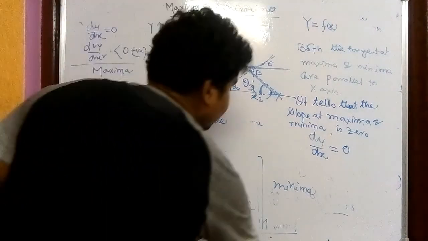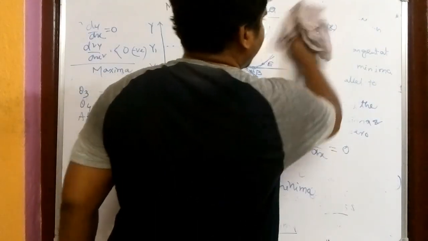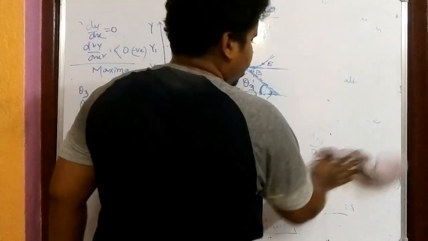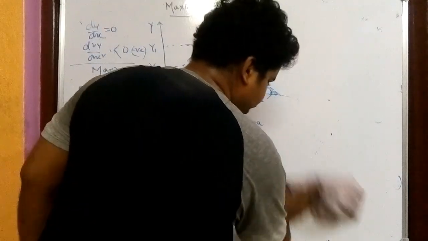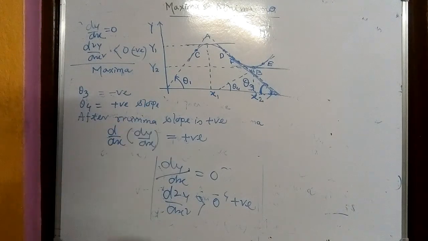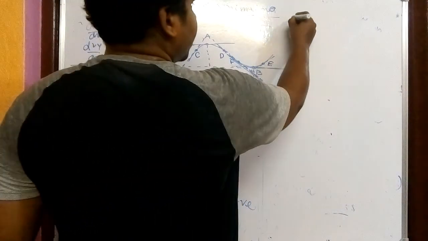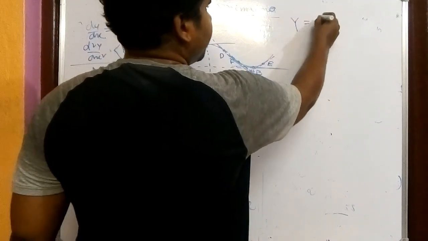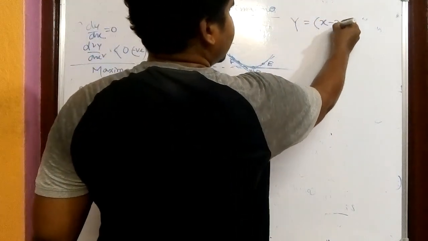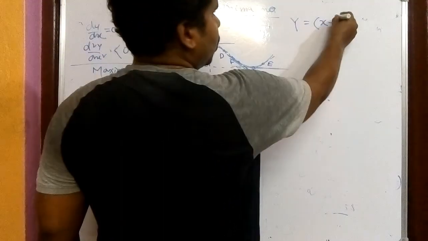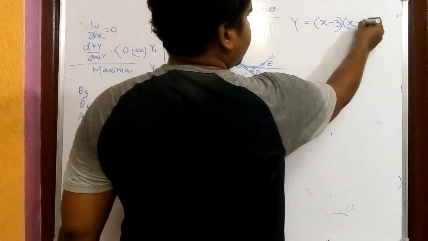So let's see an example, then it will be easier for you to understand. Assume one example I have given, y equals x minus 3 into x plus 1.